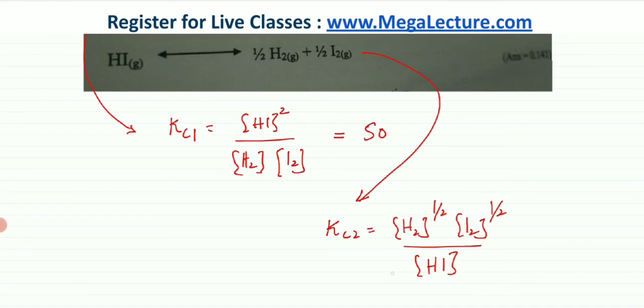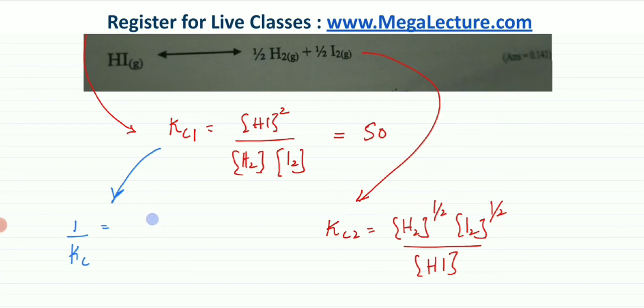And what I'm going to do is I need to find the value for Kc2, and I'm going to compare the two expressions. Now, if you think very carefully, one thing that you would notice about Kc1 and Kc2 is that if you turn Kc1 upside down, so I'm going to try and do that, 1 over Kc1.